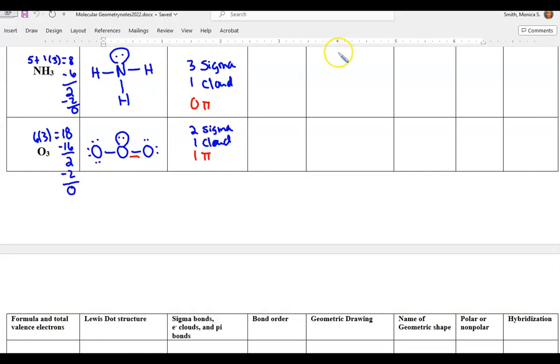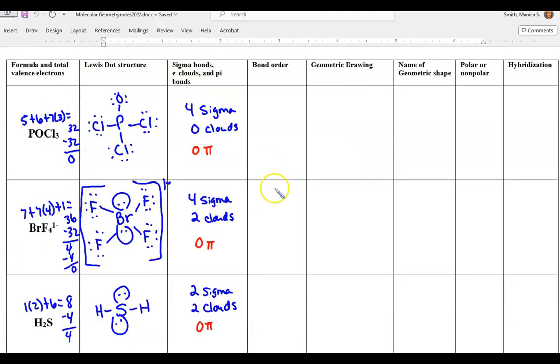And so we just did this one, and that was going to be that 4-1. So this one, the total is 3, and of that 3, one of them is a cloud. And then the total here is 4, and there are no clouds. I'm not looking at pi's at all. Of course, these others don't have pi's. So here's our total.